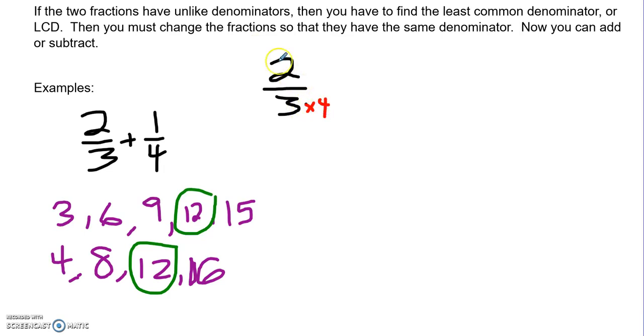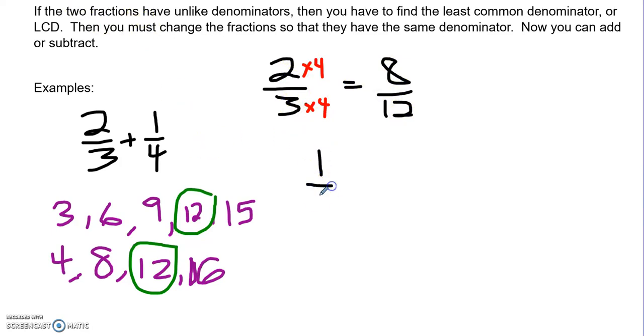I want the denominator to be 12, so I do 3 times 4, and that gets me 12. If I do that to the bottom, I also have to do it to the top, so my new fraction is 8 over 12. So 2 over 3 became 8 over 12.